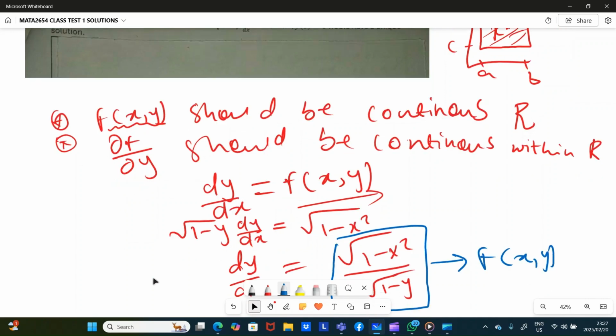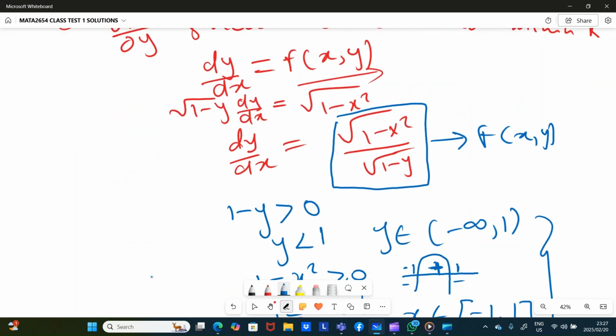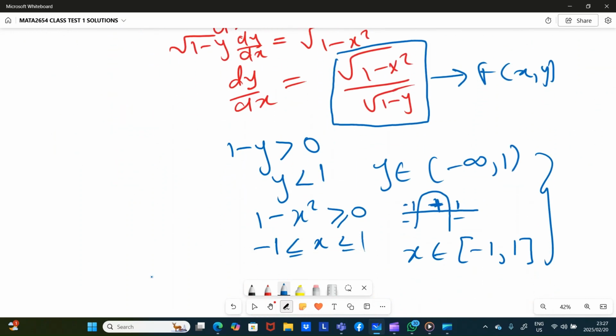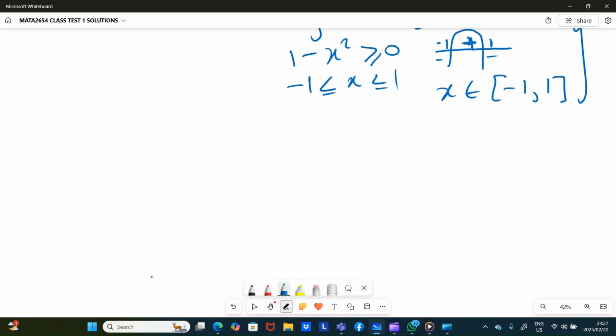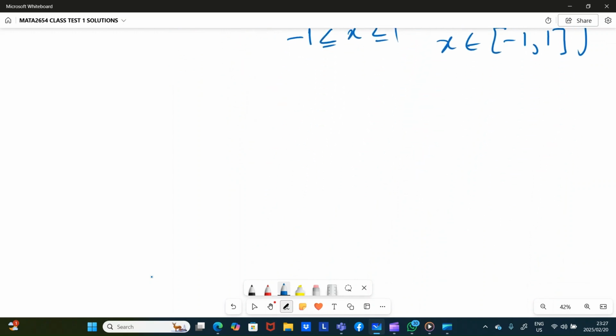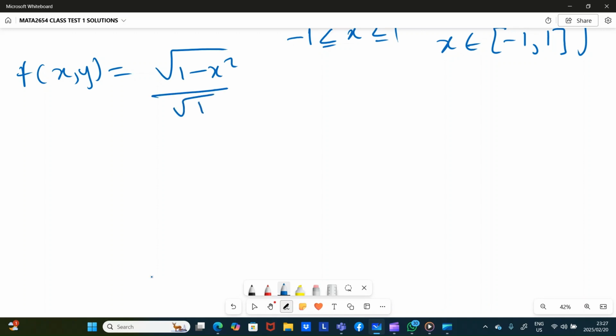If we know that our f is this function right here, then we want to take its partial derivative. We know that our f of xy equals root of 1 minus x squared divided by root of 1 minus y. So this is our f of xy. Now we want to take the partial derivative of that with respect to y.